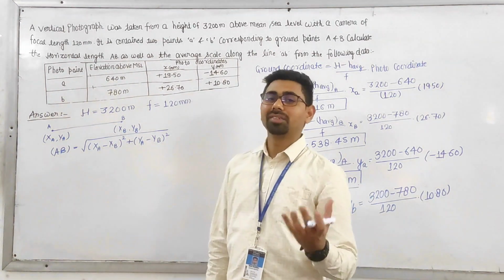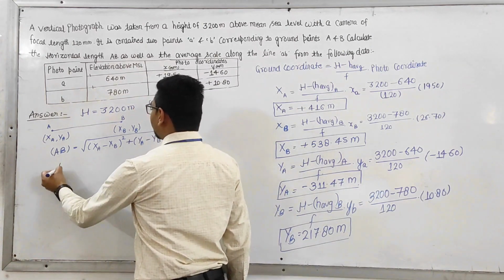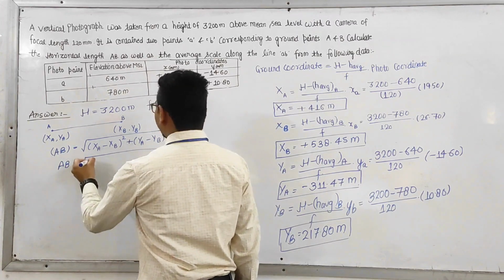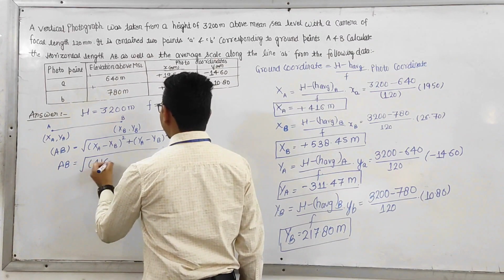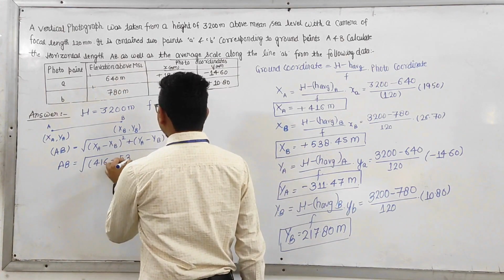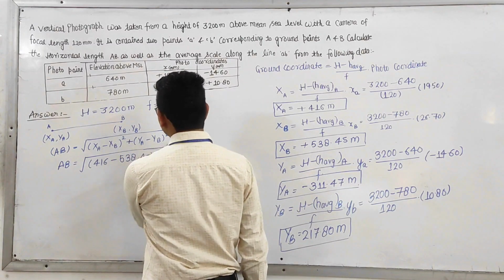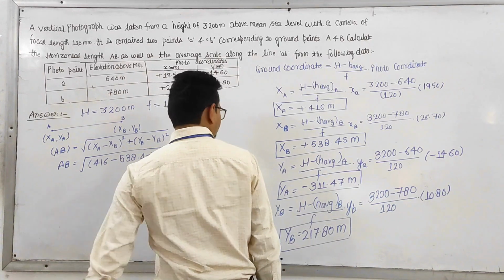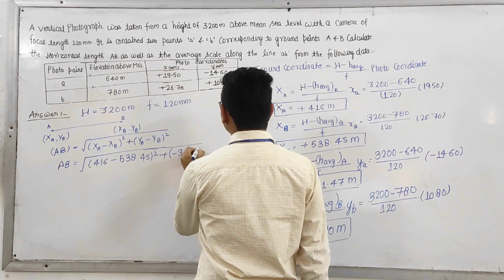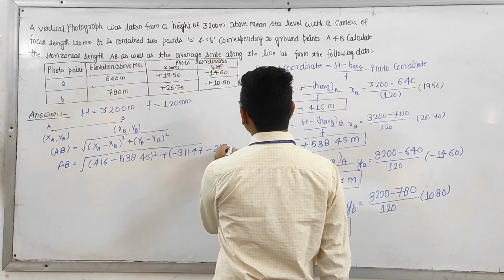We already have all the ground coordinate values. The length of AB is equal to the square root of 416 minus 538.45 all squared plus YA, minus 311.47, minus 217.80 all squared.